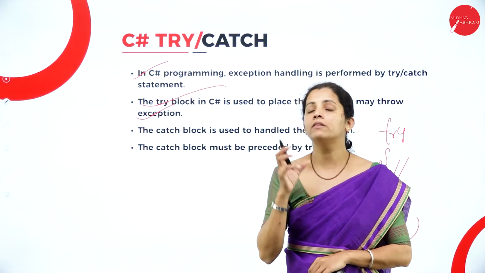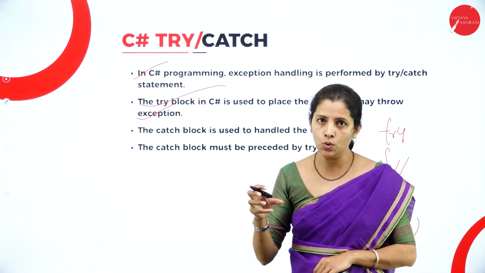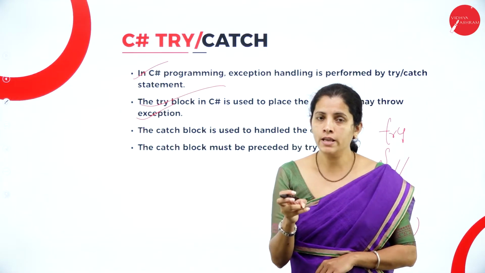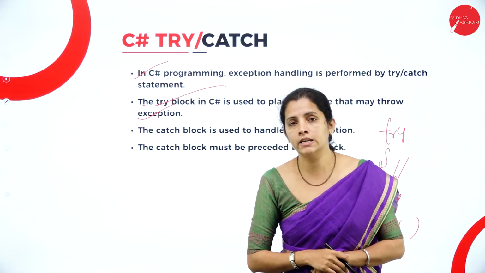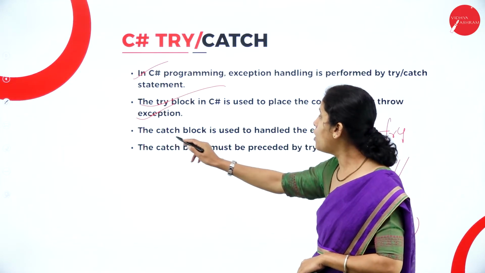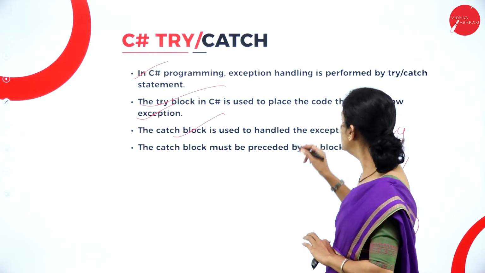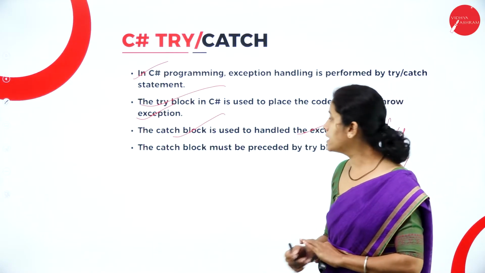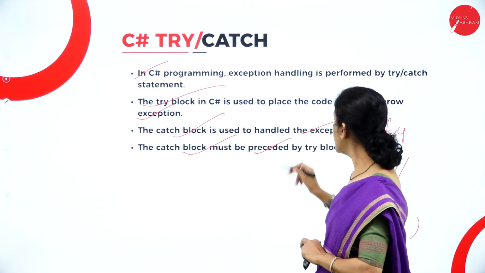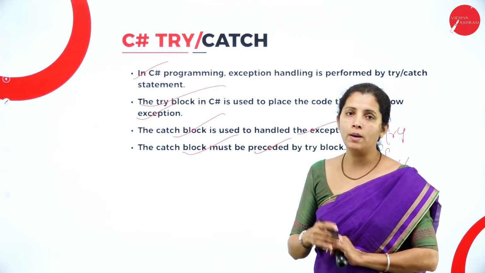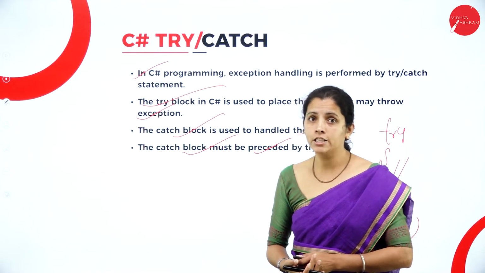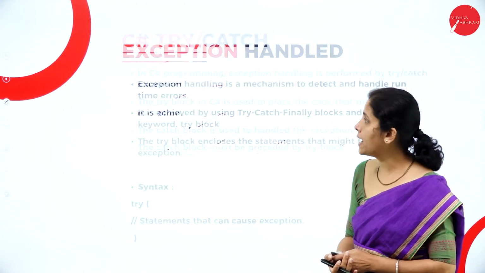That is whatever program I want to execute and that may generate or throw an error. Those kinds of codes are written inside the try block. And a catch block is used to handle the exception. The catch block must be preceded by the try block. So I'm going to have the try block first. After that, I'm going to have the catch block in my C# programming.